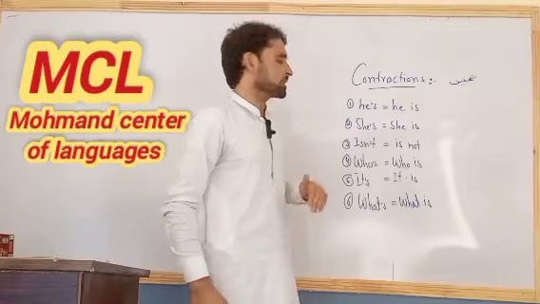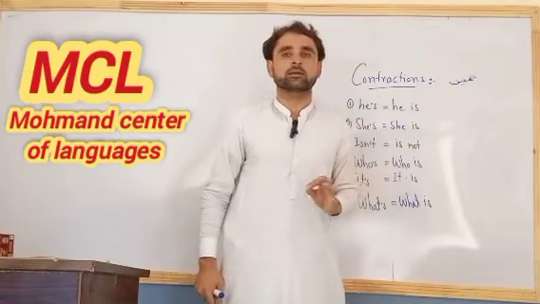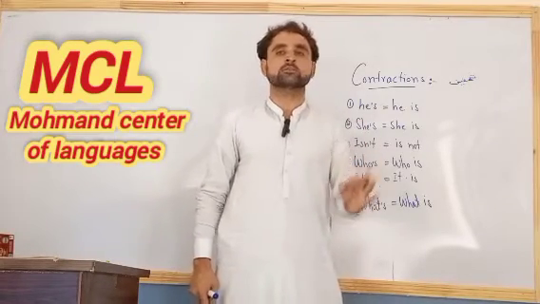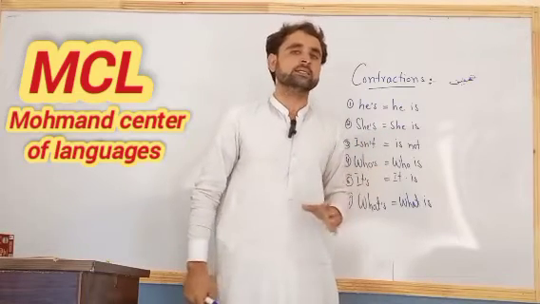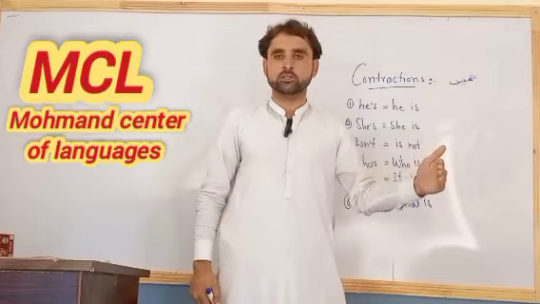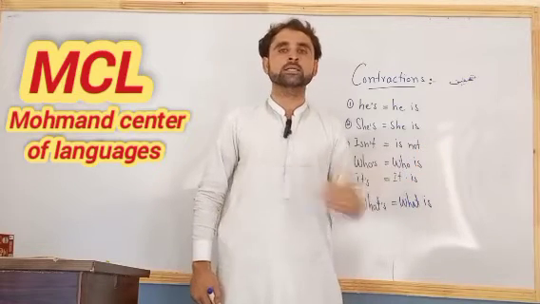Number three, this is very important: isn't. "He is not" will contract in the form of "isn't". We can say he isn't a teacher, he isn't a student, he isn't a player.